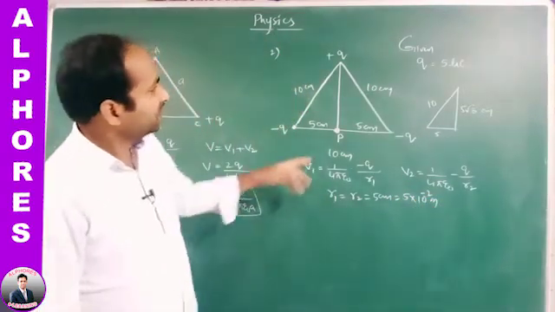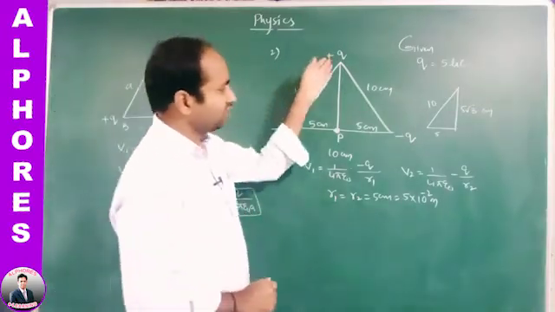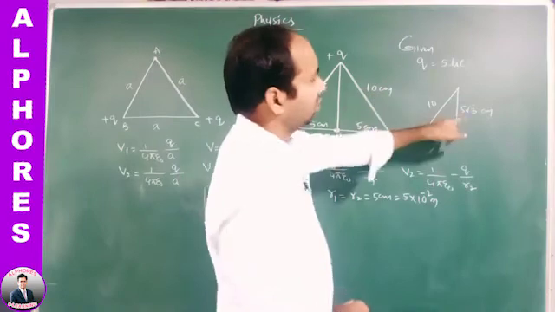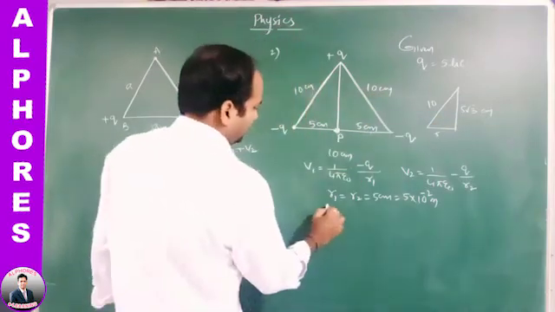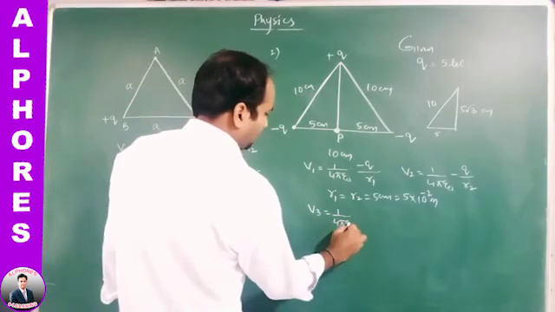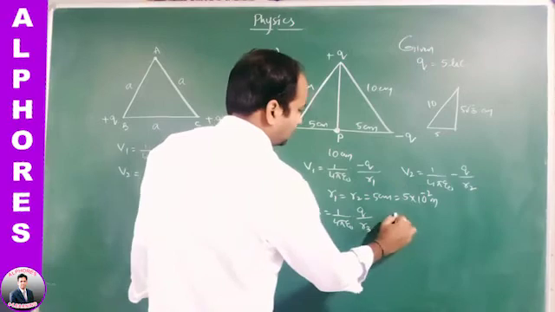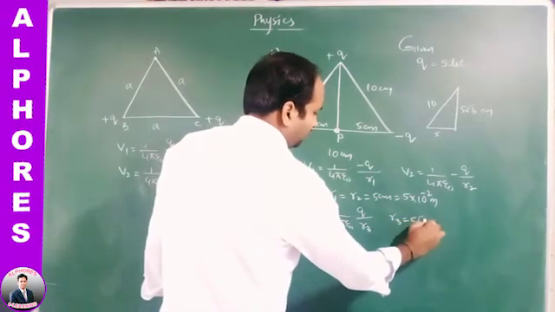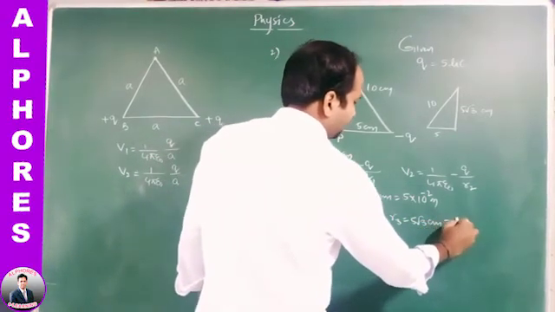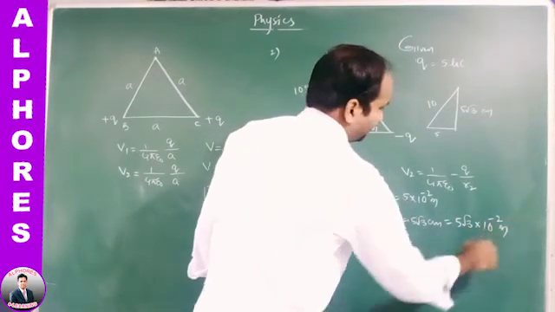But the third charge is a positive charge, plus q. The distance of the point P from the third charge is 5 root 3. V3 is equal to 1 by 4 pi epsilon naught times plus q by R3, where R3 is 5 root 3 into 10 power minus 2 meters.